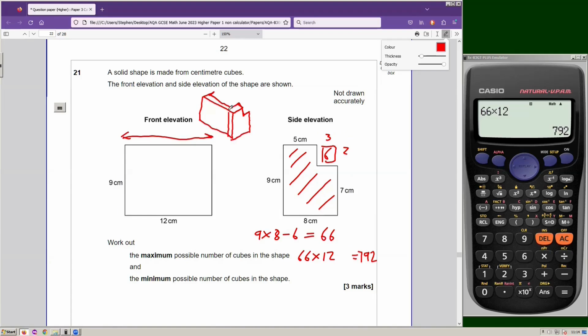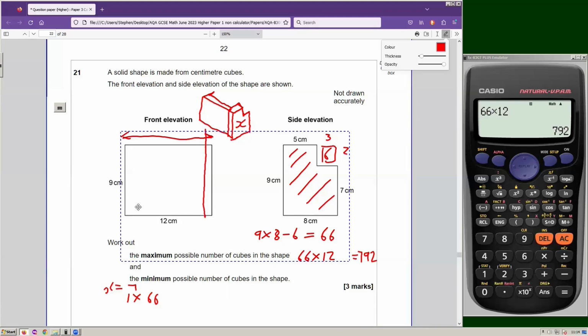We've got this lot patch on the front here, and then the rest of this, let's see if I can draw that down there. So we've got 1 times 66 for this end face here. Let's call that X equals that lot.